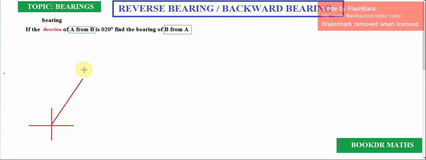So after drawing the direction, you indicate your arrows, but you need to close the direction with another cardinal position, so that here becomes our B, because that is where the direction is being given from.